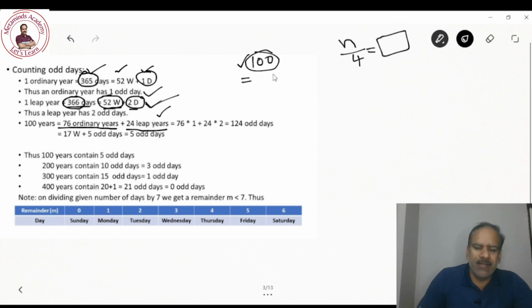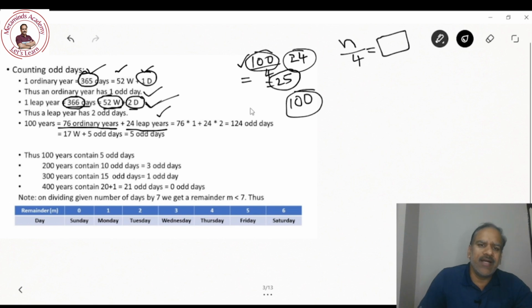But the most important point here is that when you divide 100 by 4, you will get 25. But there are not 25 leap years, only 24 leap years in the first 100 years. Why? Because the 100th year is not a leap year.